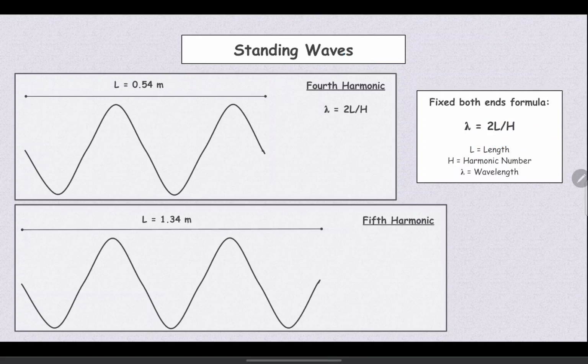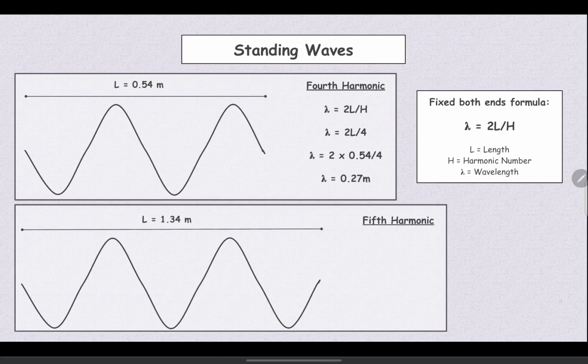So that is the formula. We know that it's the fourth harmonic, so we substitute 4 for H. We know that the length is 0.54, and we stick that into our calculator. And we now know that this wavelength equals 0.27. And that's just how you'd use it.